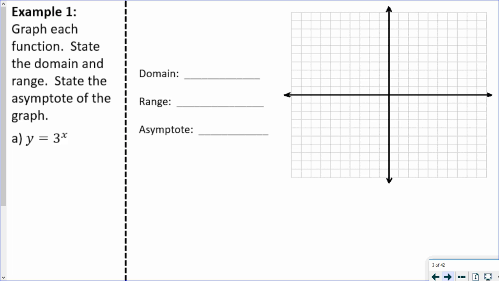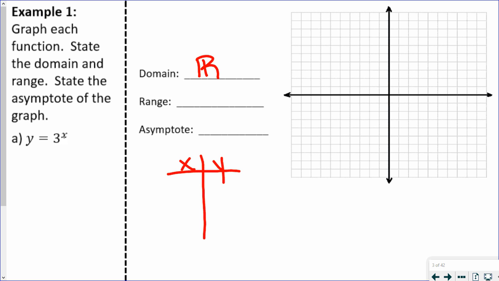Okay, so let's practice. You can practice by putting this into your y equals in your graphing calculator to pull some numbers off the table. To graph each function, state the domain and range, and state the asymptote of the graph. The domain is going to be all real numbers, like we said. Let me make a table here. You're just going to need to do, at the very least, 2 points.